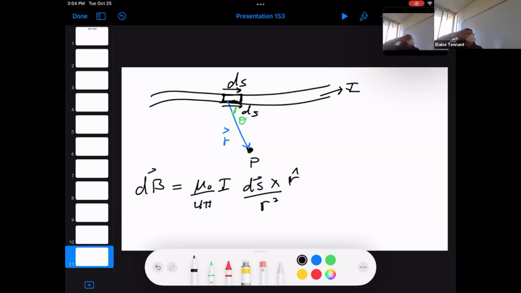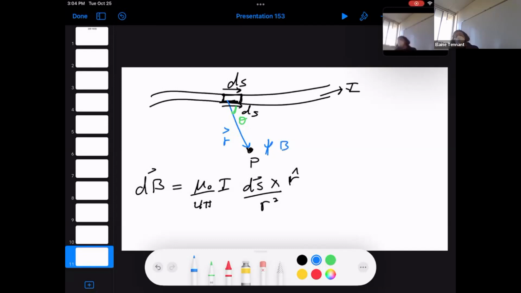Where if you take the ds, the way I've drawn this, it's going in the x direction, forward direction. You cross it with r, which is kind of coming out. The magnetic field at that point we should see is going down.